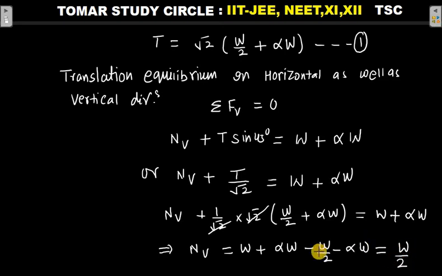Hence, the vertical component of normal reaction at O is independent of alpha.